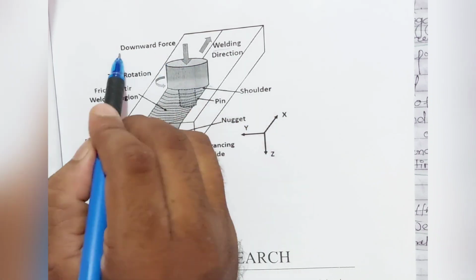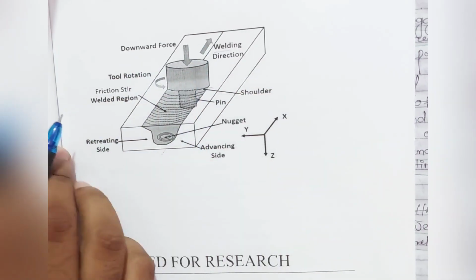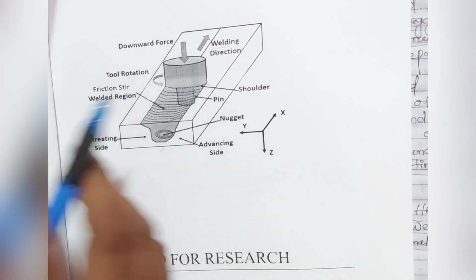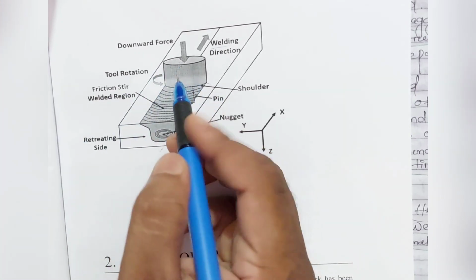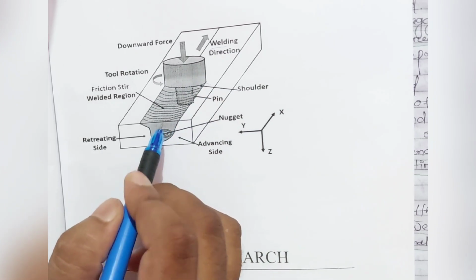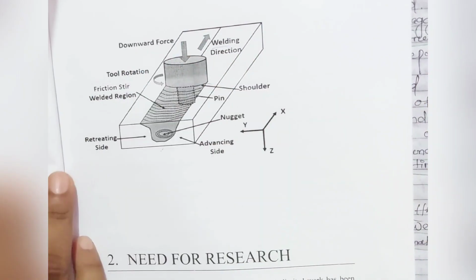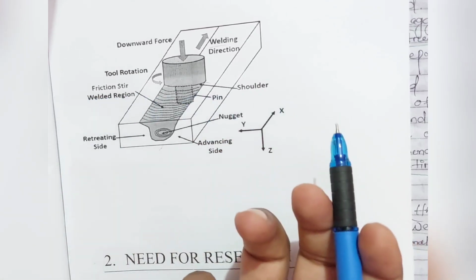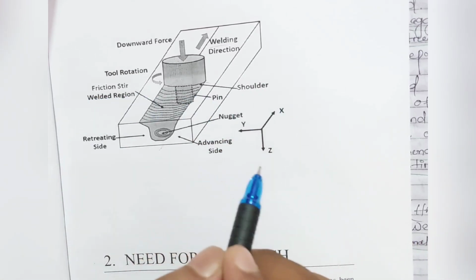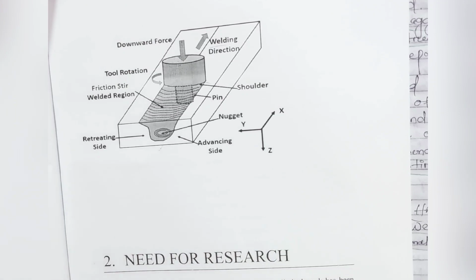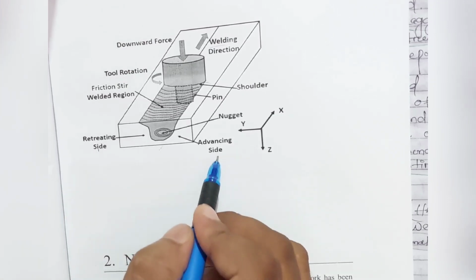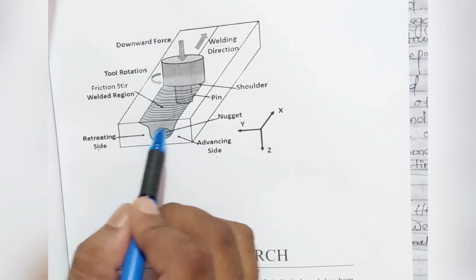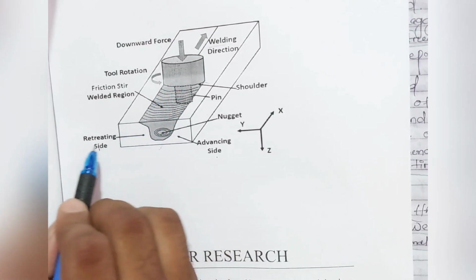A downward force is acting on the upper side of the tool, and the tool also rotates like this. The tool itself rotates, and traversing motion is done at the same time. So friction stir welding occurs in the solid state before the melting point. You can see the retreating side and the advancing side. What happens when the tool rotates at the retreating side?